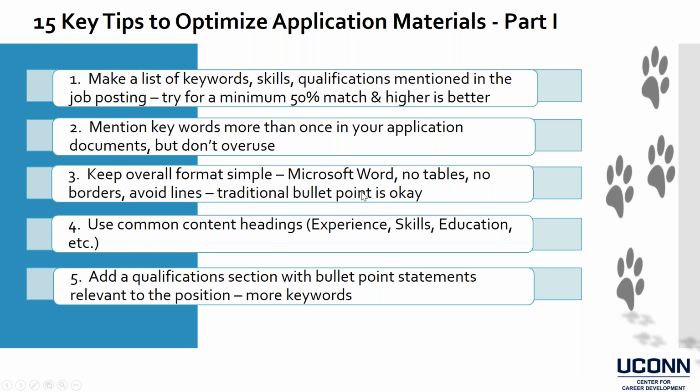You want to use very common content headings. So you can just use the word experience, skills, education. If you were sending your document to a human, you could use more expansive content headings in your resume or CV, but for the applicant tracking systems, simple is better.